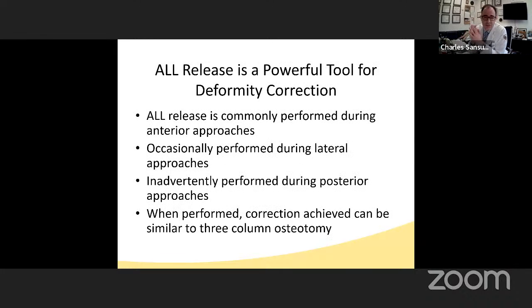So the release of the anterior longitudinal ligament is a very powerful tool. Most commonly, it's performed during anterior approaches, as that's the area where it is most easily accessed. On occasion, the anterior longitudinal ligament is released during a lateral approach, and it is not unusual to have that described in lateral-based procedures such as XLIF and DLIF and OLIF.